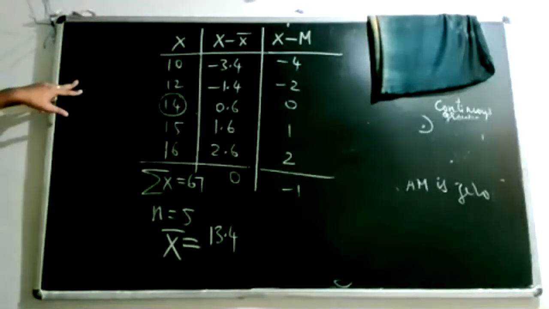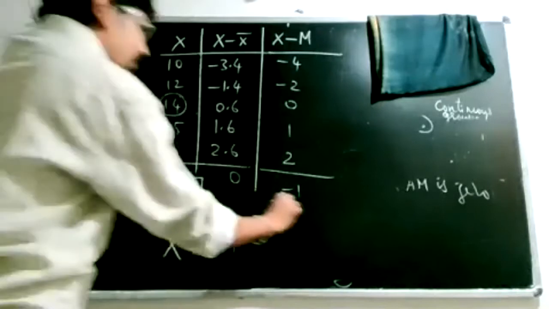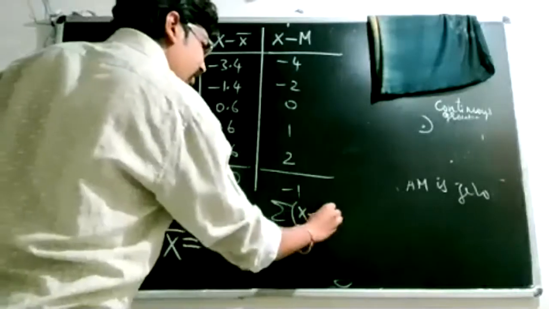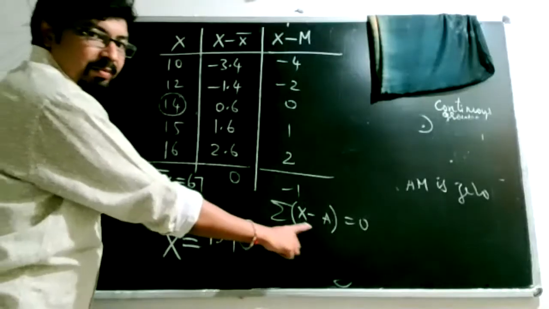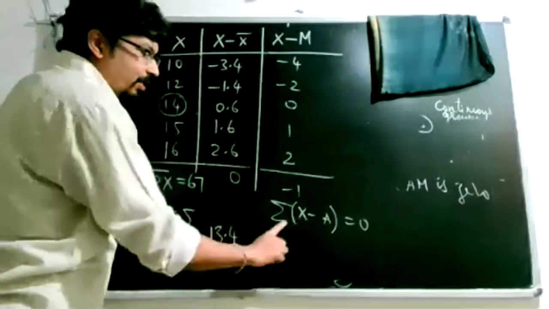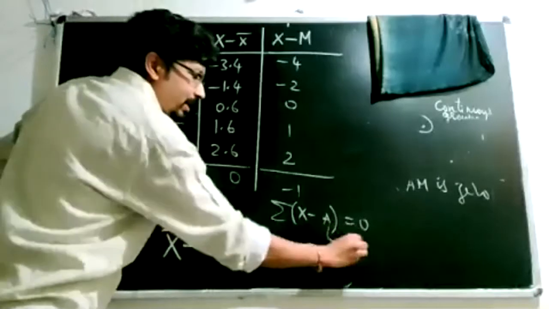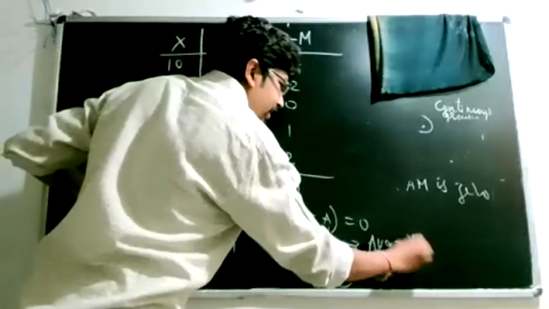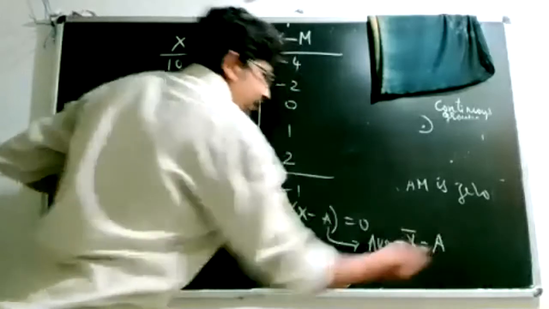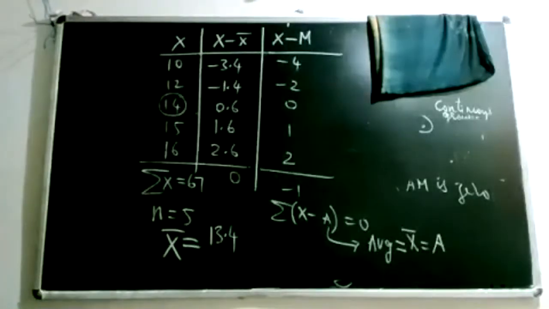It's coming to be minus 1. So if you subtract the values of x from a point called A and you observe the total as 0, then naturally or necessarily this A will be equal to your x bar. That is the other way to interpret this result.